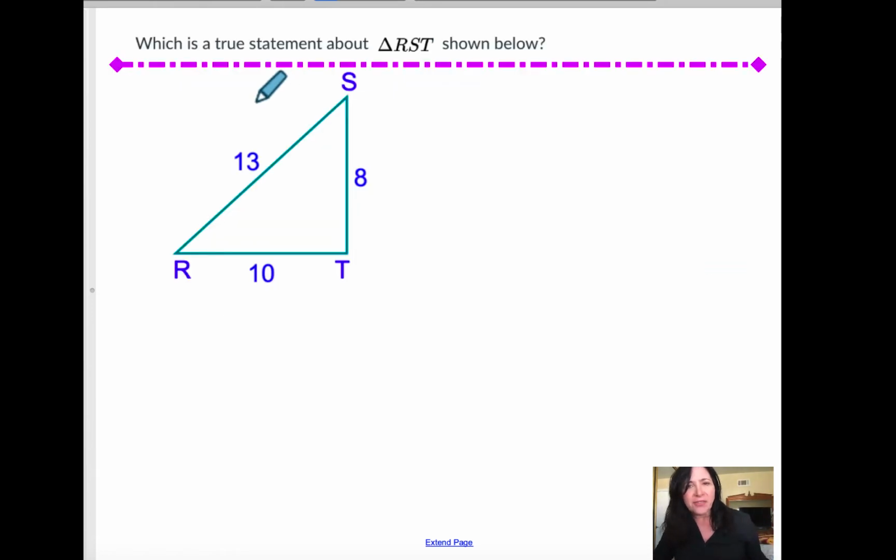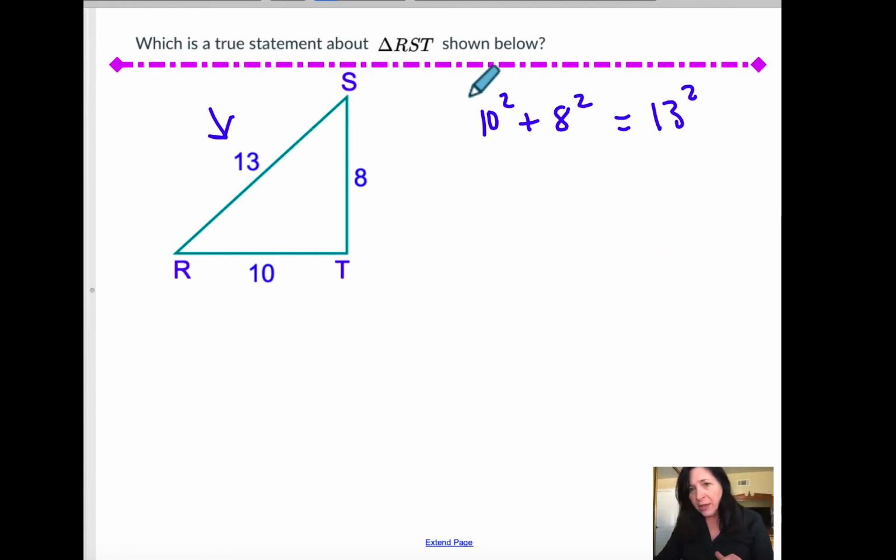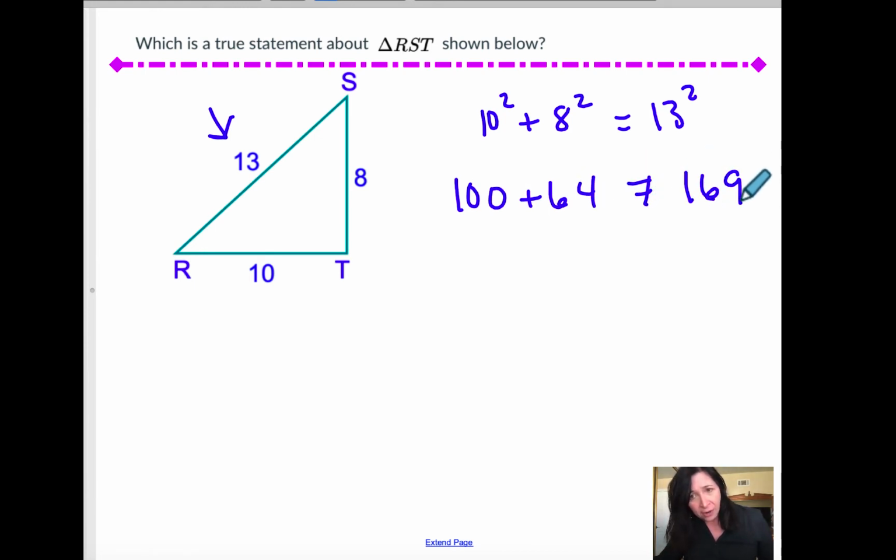For this problem, it says, what's a true statement about RST? Is it right? Let's check. 10 squared. If that's the case, remember, this would be the highest value. That would be the only side opposite the right angle because it's the biggest value. So I would say leg squared plus leg squared is equal to the hypotenuse squared, if that was a hypotenuse. 100 plus 64 does not equal 169.